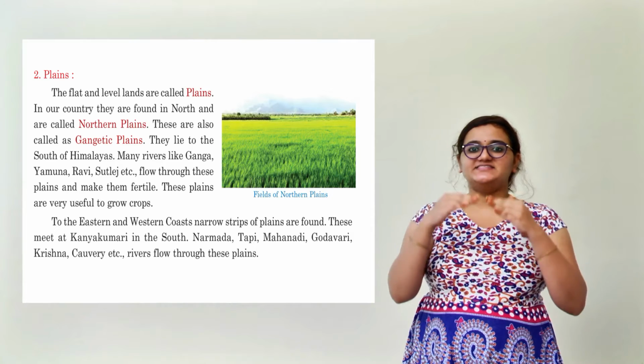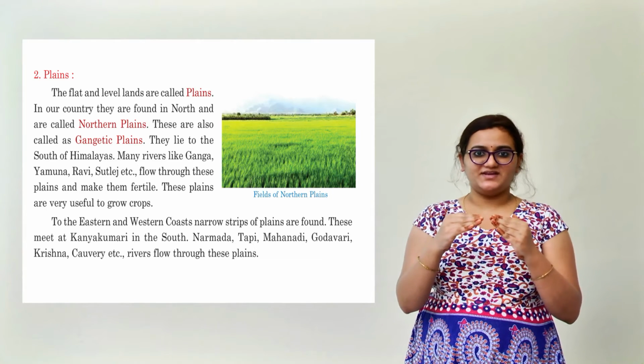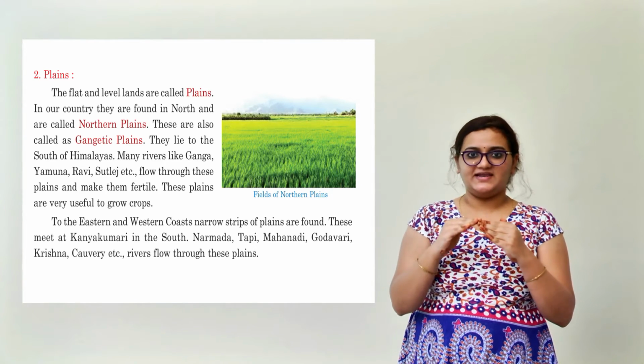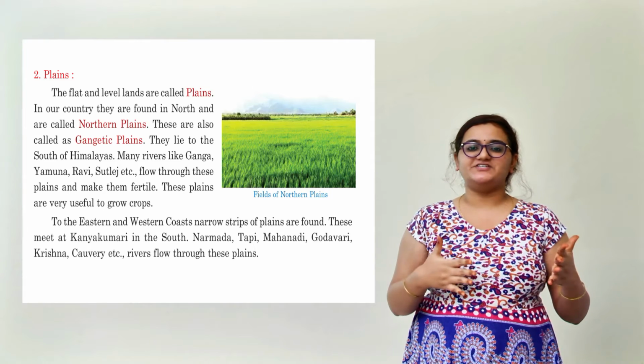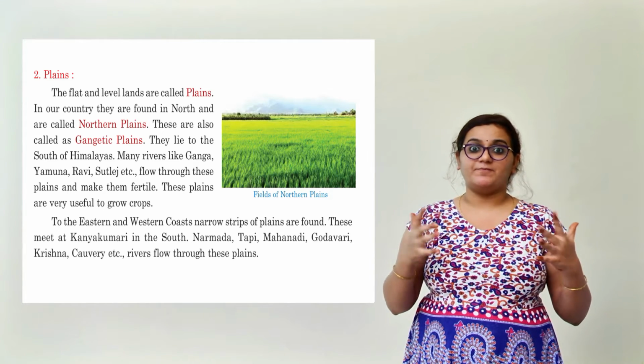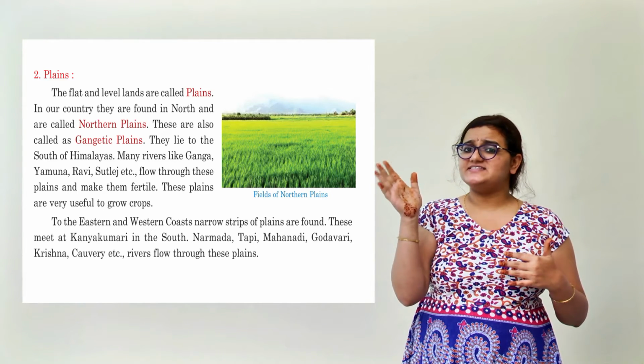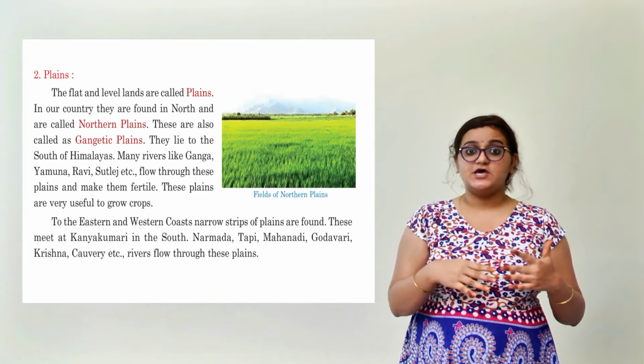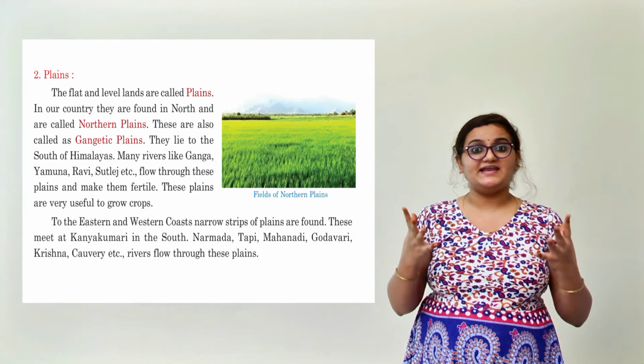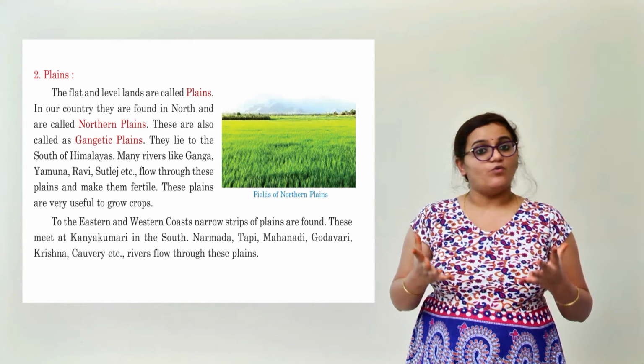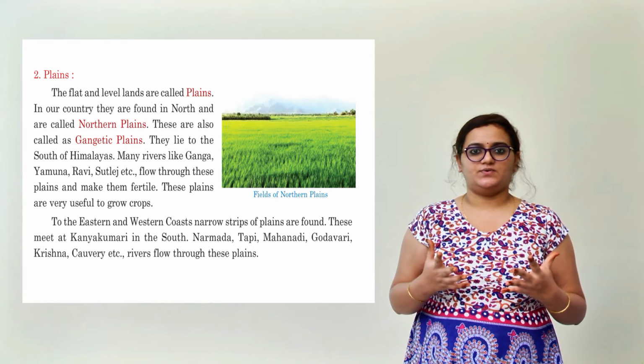Because they lie just below the mountain ranges, that is, south of the Himalayas. Many rivers like Ganga and Brahmaputra flow through these plains. This makes the plain land so fertile. What do you mean by fertile now?